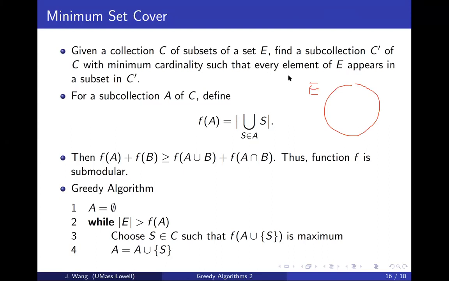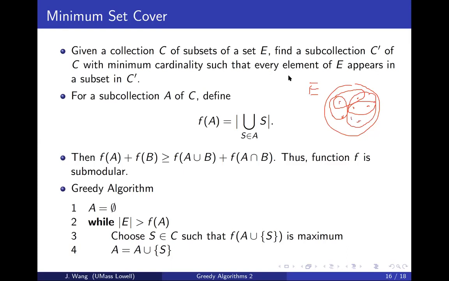So let's say I have these elements, that's E. And then you may have a subset of this, a subset of that, a subset of that, and a subset of that. So of course they cover E, right?